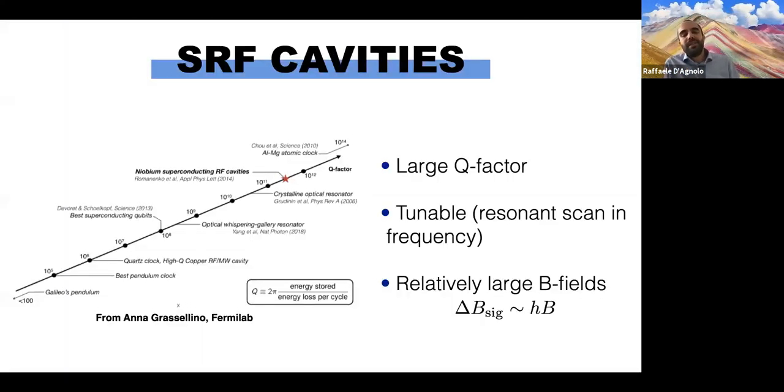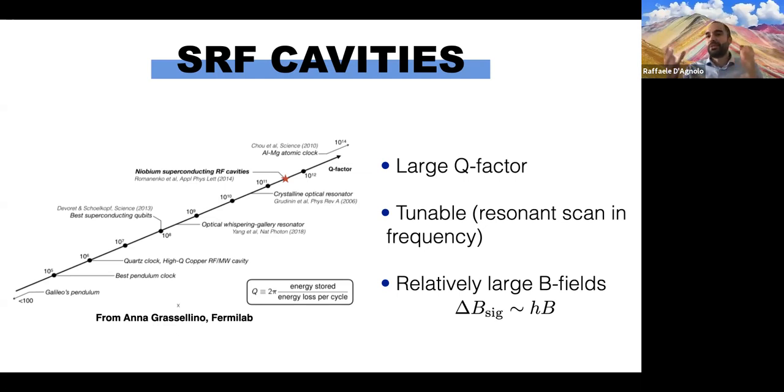Okay, so why did we start thinking about superconducting microwave cavities? Well, the reason is that it's kind of a classic idea to look for gravitational waves using electromagnetic fields when you're looking at high frequencies, as we are at this workshop.